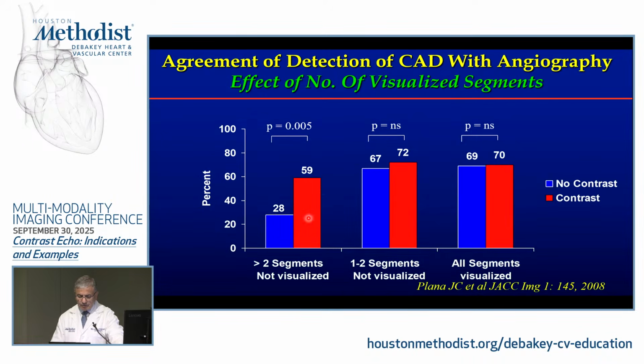Coronary disease compared to cardiac catheterization, no question about it. If I'm seeing all the segments, if the study is pristine, there's no reason for you to use contrast. Maybe a little enhancement, more than 2 segments.